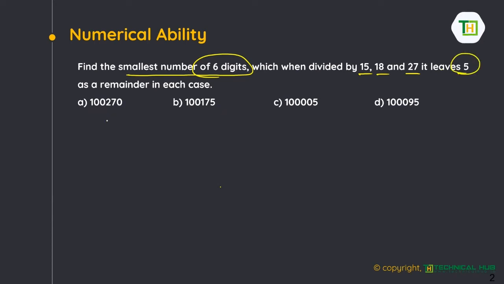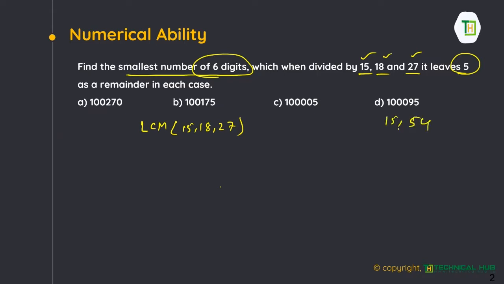First of all, you need to calculate the LCM of these three numbers. Why? Because if any number is divisible by 15, 18 and 27, it must be divisible by the LCM of those numbers, right? So what is the LCM of 15, 18 and 27? Here 18 and 27 give 54, and with 15, 54 is the LCM.